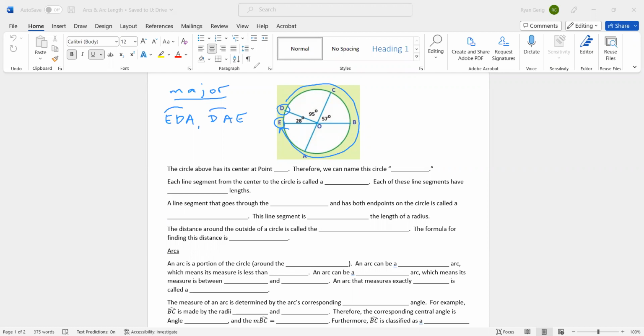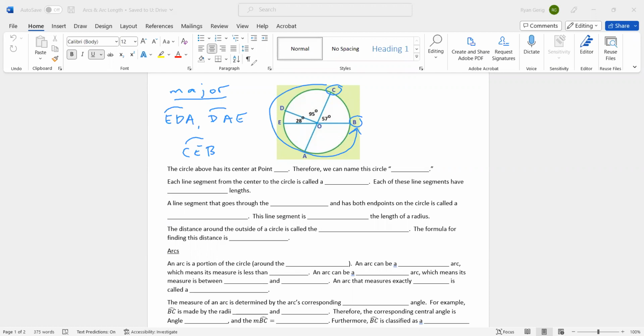I could say D or C, and then go the other way. C, E, and I could stop at B. So arc C, E, B. That's just 3. There's probably more.